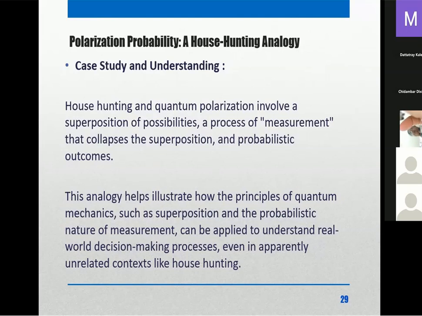If I want to buy a house in a specified area in Pune, in Maharashtra, maybe many people are from different states, I can give the example of the Hinjawadi area, which is located near the IT sector, and I want to look for a house. So what may be the possibility? House hunting and quantum polarization involve a superposition of possibilities. I want to give you a concept of probability and yes, no.